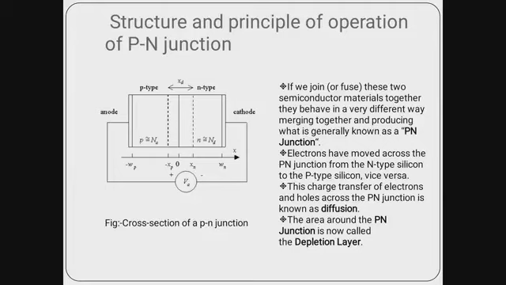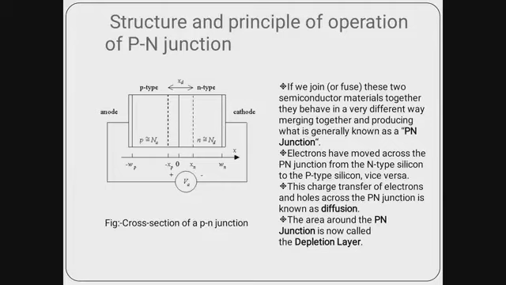As a result, after diffusion, electrons are migrating from N to P side. Similarly, holes are also migrating from P to N side, and due to these migrations of charged particles, what will happen?